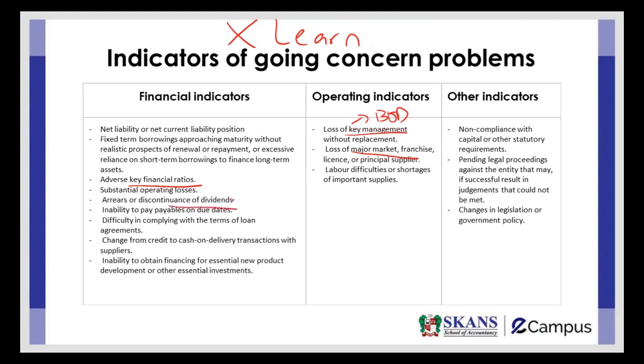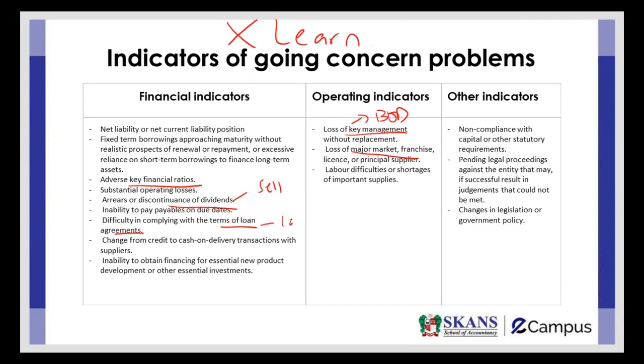You have not been giving dividends in the recent past. Again, this is going to give you trouble because your shareholders will be upset. They might want to sell their shares and they will not want to invest any further in your company. You have been struggling to comply with conditions of loan agreements.